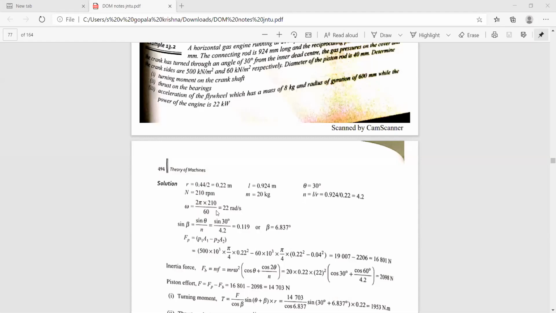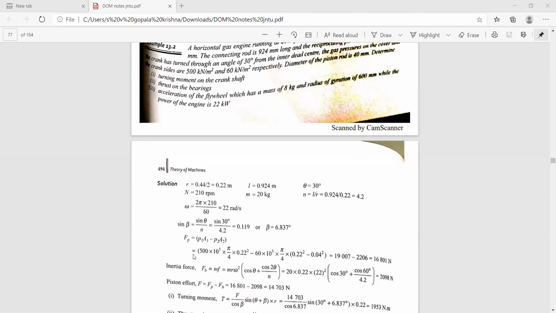Substituting, we get omega as 22 radian per second. Beta is also required, and the relation between beta and theta is sine beta equals sine theta by n. With theta equal to 30 and n equal to 4.2, beta equals 6.837 degrees. All of you observe.